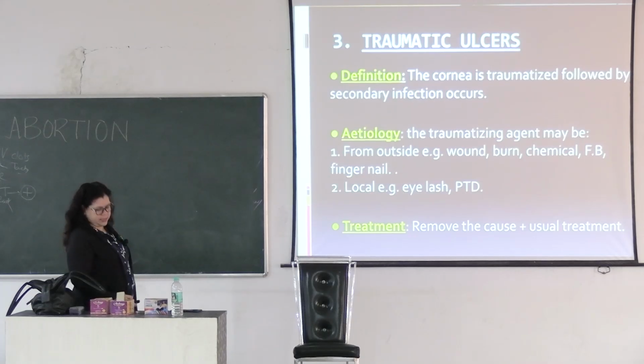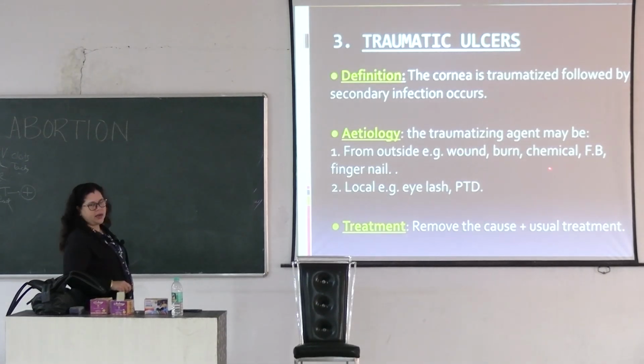Then traumatic ulcer. A traumatic ulcer is caused by any kind of trauma, and after trauma there is a secondary bacterial ulcer. A bacterial ulcer occurs due to secondary bacterial infection. Etiology: the traumatic agent may be a wound, burn, chemical injury, foreign body, or injury by fingernails.